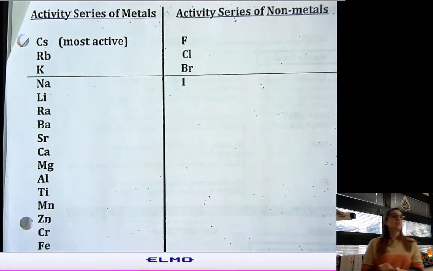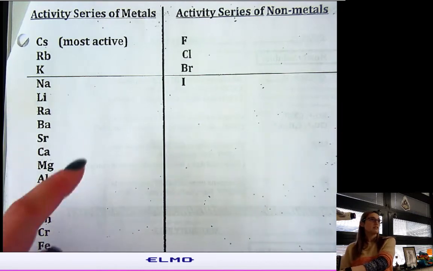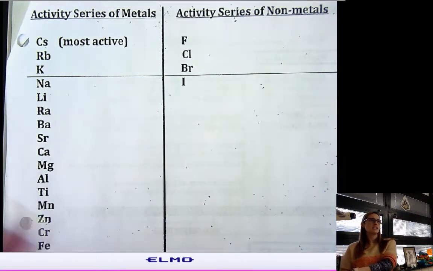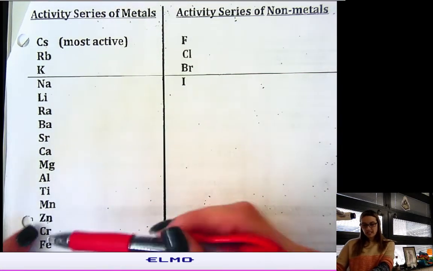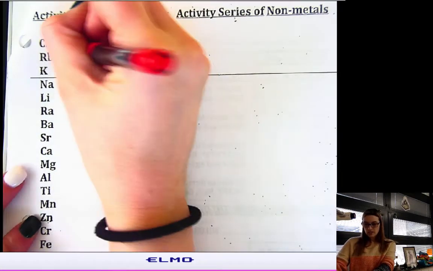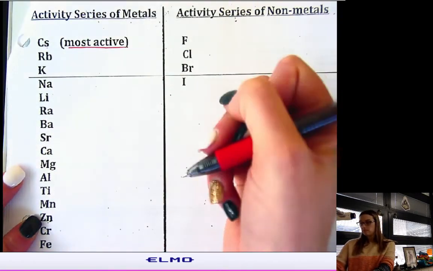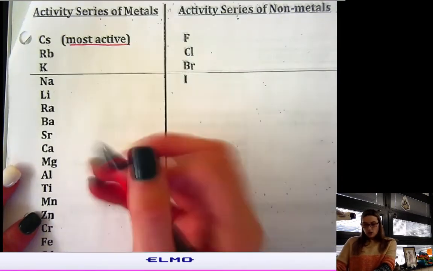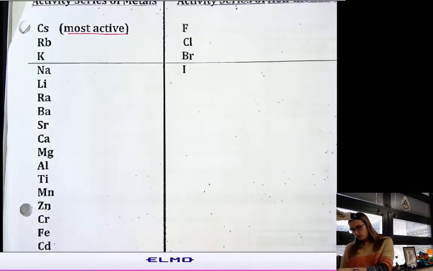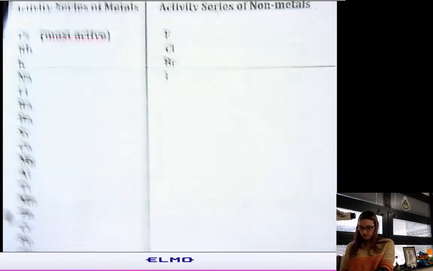So with the activity series, you will be given this. You don't have to memorize this, right? You'll be given this. So you have to look and see. Up here's the most active. Right down at the bottom is the least active. So you're comparing, what are we comparing? Zinc and silver.